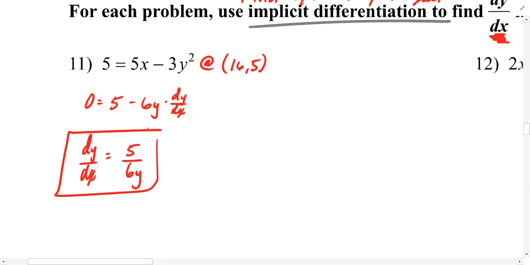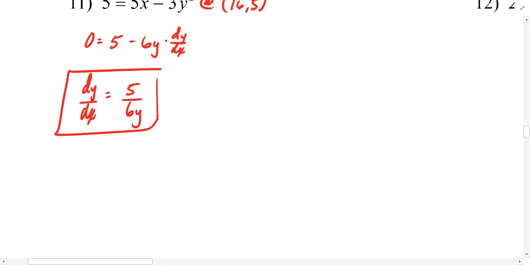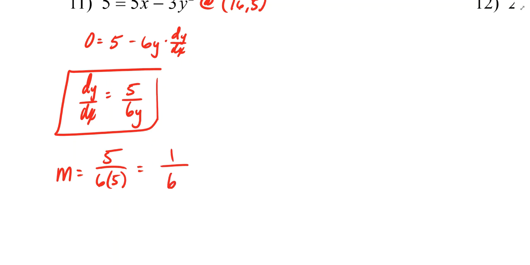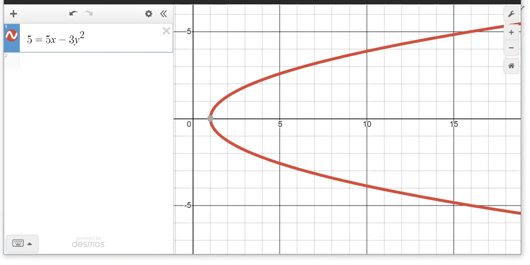That would be the solution to this practice quiz, but since I do want the tangent line at this particular point, let's go ahead and figure that out. Well, the slope would be 5 over 6 times the y-coordinate, which the y-coordinate is 5, and it looks like the slope is 1/6.